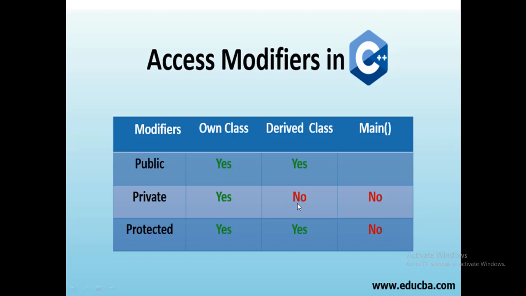We have to use the getter and setter methods. While protected is specially designed for derived classes, so we can access the protected members there. In the main function, public members can be accessed through the object, while private cannot be accessed in main, but we have to call the get method. Protected also cannot be accessed in main. We have to access them through the derived classes.